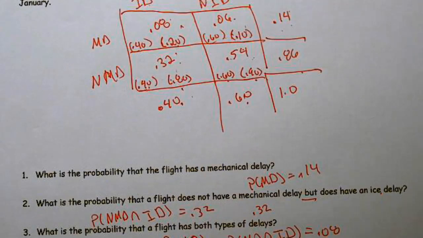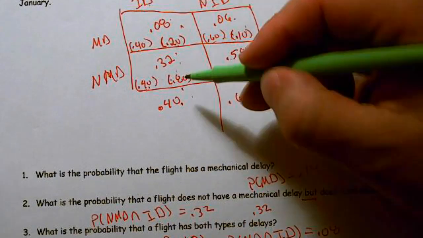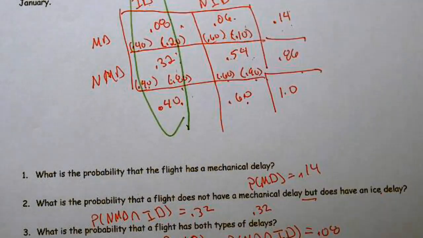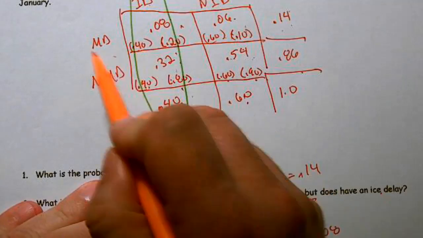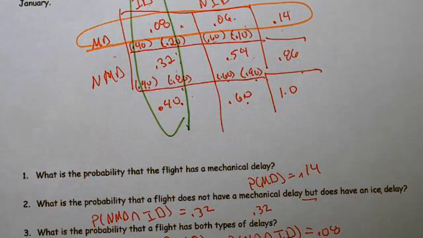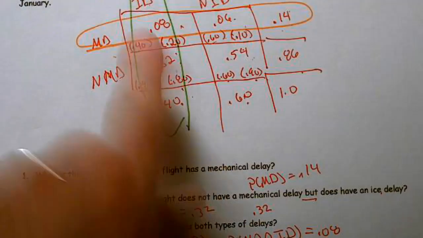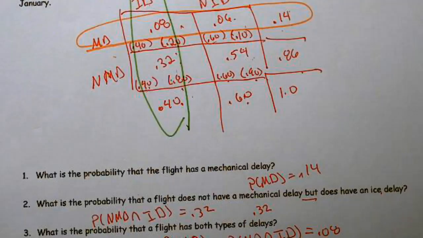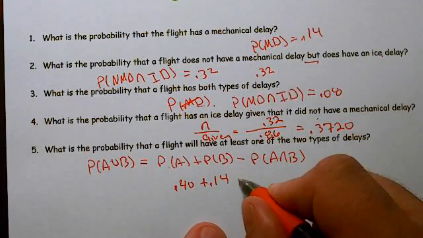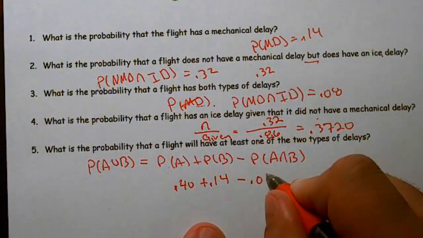I'm going to go ahead and circle those two because there's going to be something that pops out to us real quickly. So here was the ice delay at 40%. Here is the mechanical delay. And I noticed something. I noticed that the 0.08, which is the intersection, got circled twice. Because it got circled twice, it got counted twice, which is why, according to the formula, I have to subtract it out.